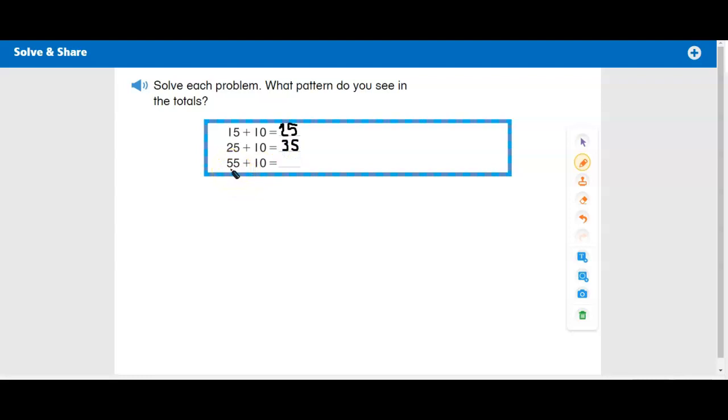And for my last problem, 55 plus 10, I can look at 55, move down the column, and I know my answer will be 65. Do you see a pattern in our totals? 25, 35, 65?